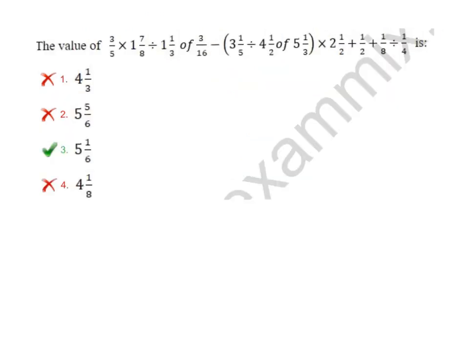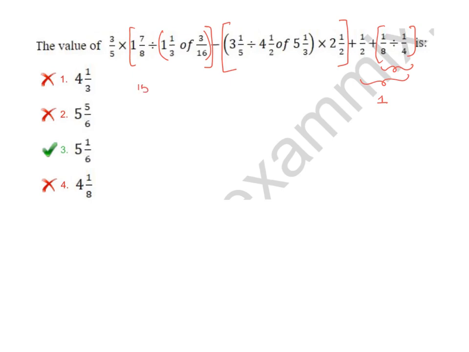Now, this one again, the value of this expression, you have to follow the BODMAS rule. First, give priority to half, then after division. We know this becomes 1 by 8 into 4, 1 by 2. 1 by 2 plus 1 by 2 becomes 1. Keep it aside. Now solve within this.